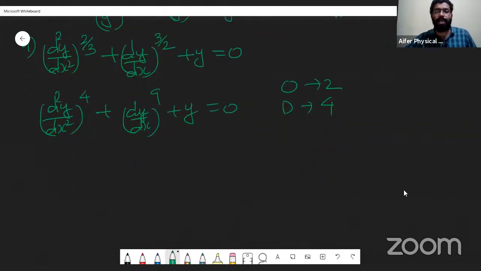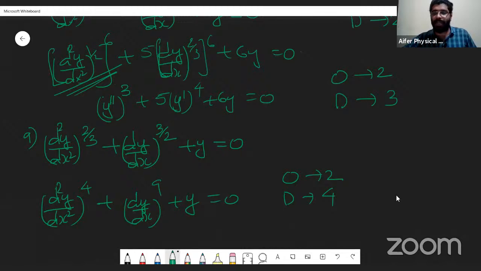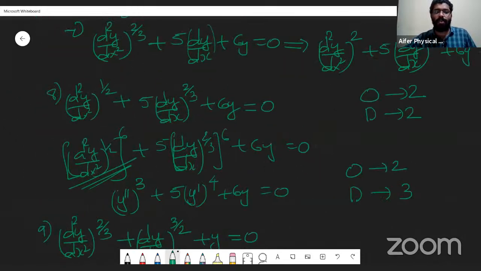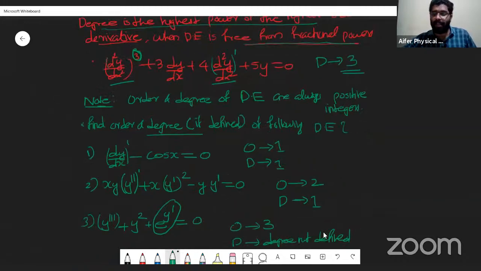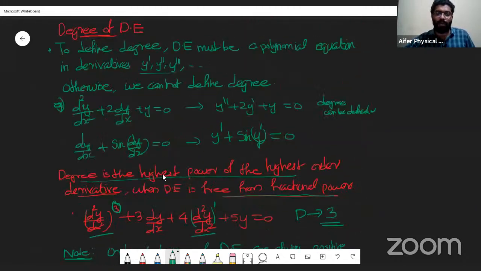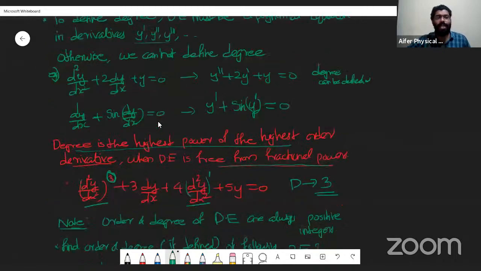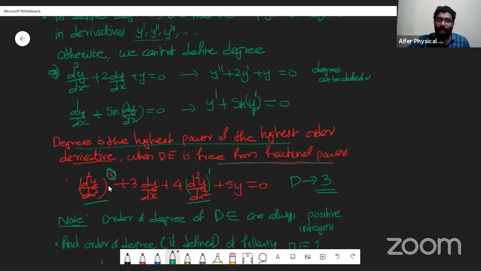Order and degree, to summarize. The order of a differential equation is the order of the highest order derivative. The degree is the power of the highest order derivative, provided our differential equation has no fractional powers.